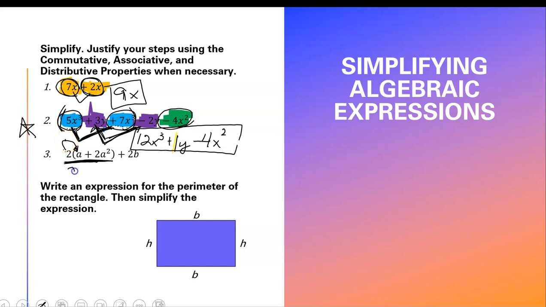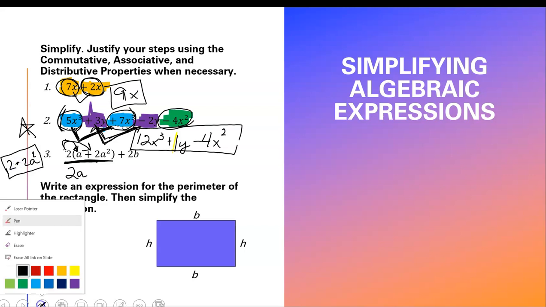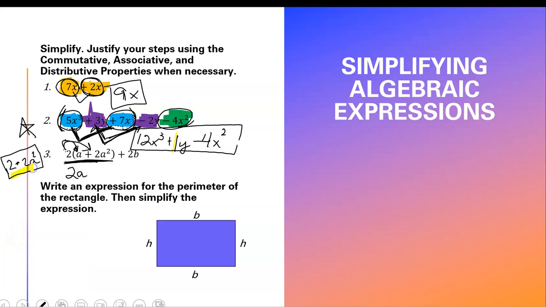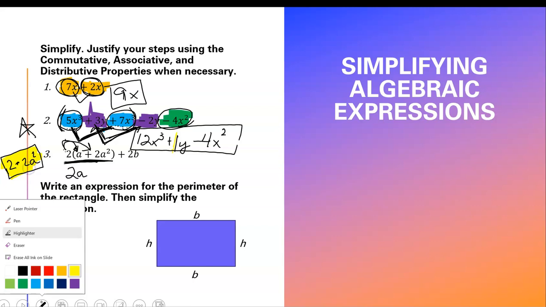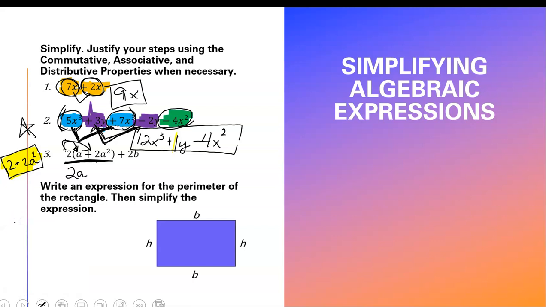So we're doing 2 times a. We're just going to write 2a. And then we're going to do 2 times the positive 2a squared. I'm going to write that over here. When we are multiplying a term with a variable times a constant, like we're doing here, think about what multiplication means.